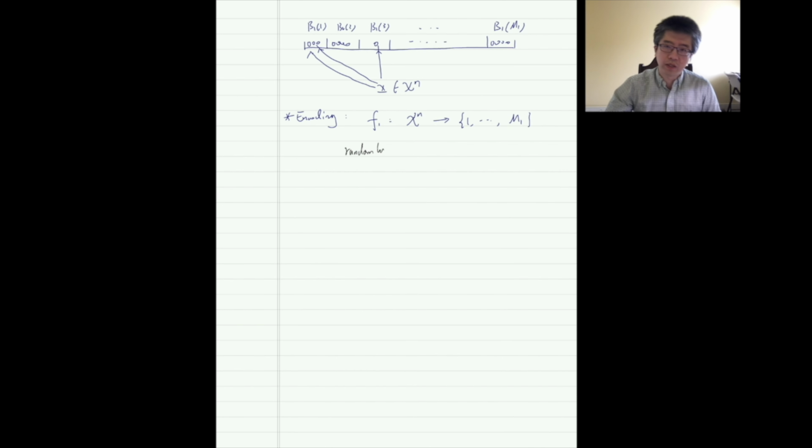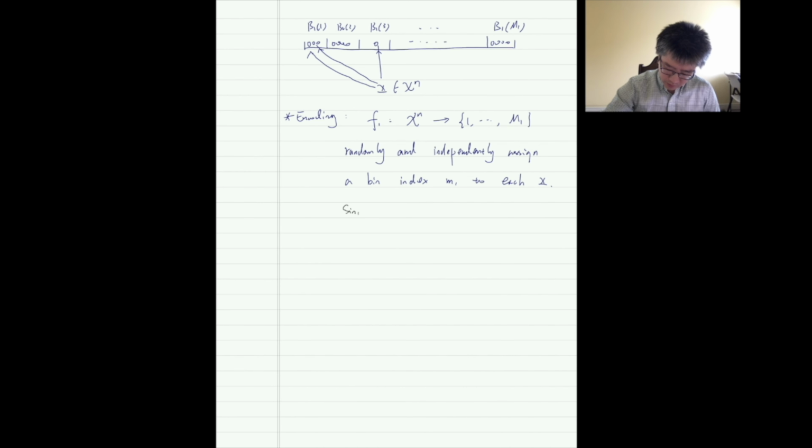Randomly here means uniformly at random: we randomly and independently assign a bin index in M1 to each source sequence.